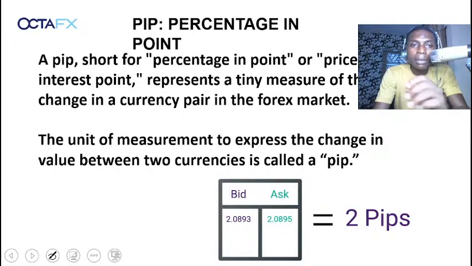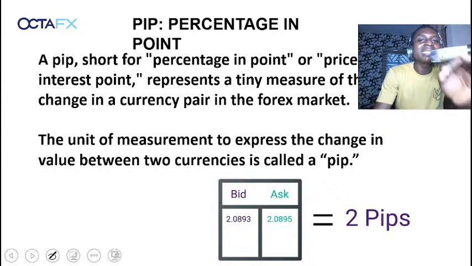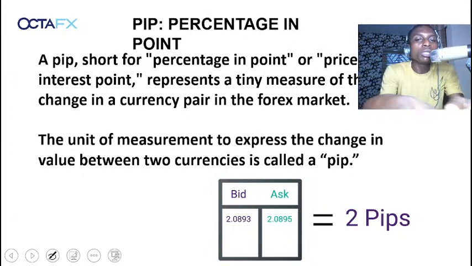The unit of measurement to express the change in the value between two currencies is called pips.